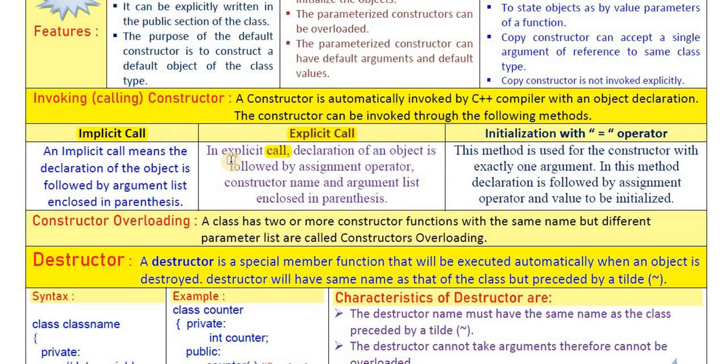Okay, let us see the proper definition. In an explicit call, the declaration of the object is followed by the assignment operator, the constructor name, and the argument list enclosed in parentheses. So when we are creating an object, during creation of the object we use the equal to operator, the name of the constructor, and the values inside parentheses.